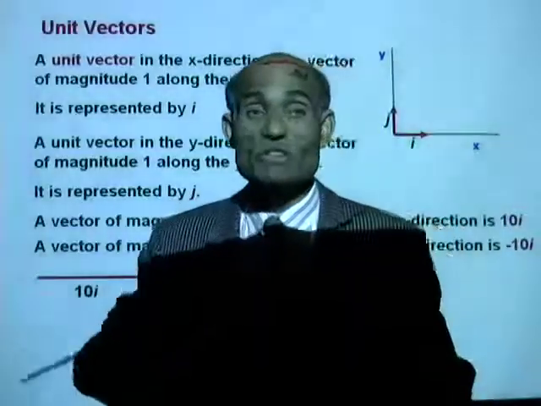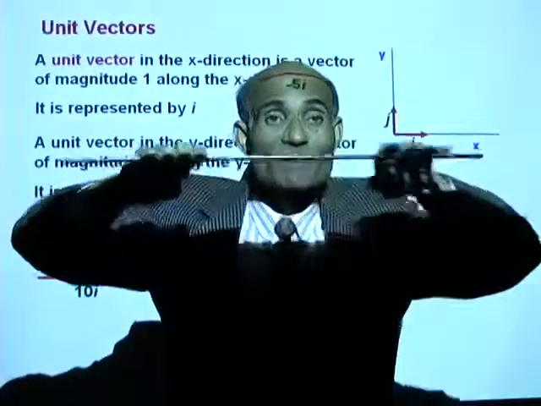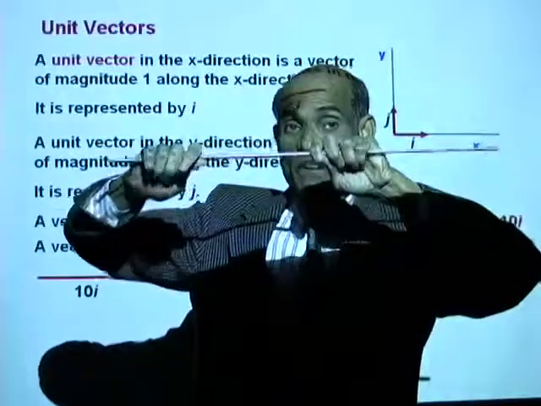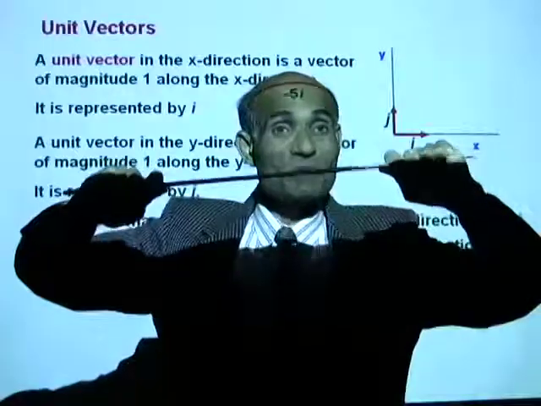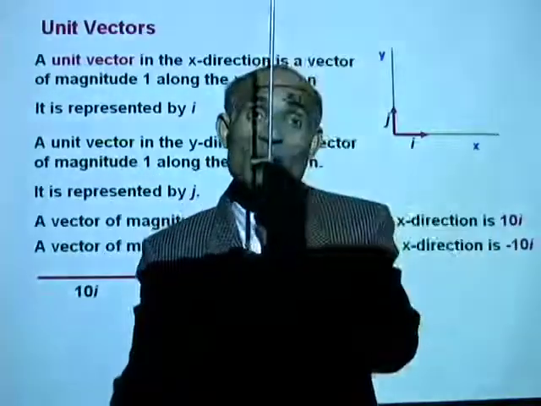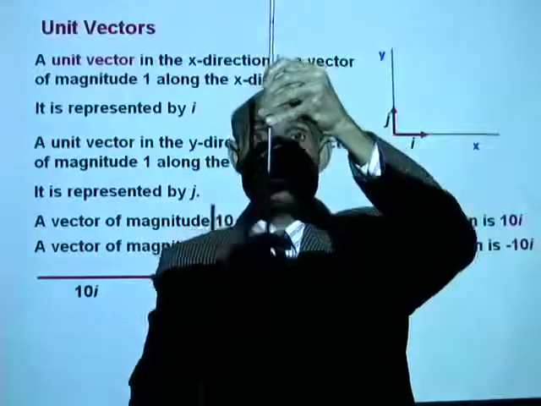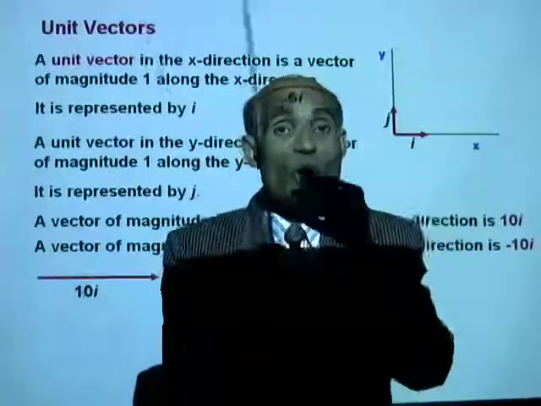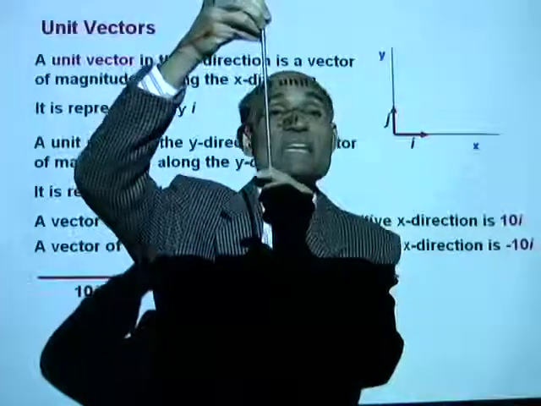You see, vectors can be added easily if they are along the same direction. A positive x vector and a negative x vector can be easily added. Similarly, a positive y vector and a negative y vector can be added easily. Also, two positive y vectors can be added easily.